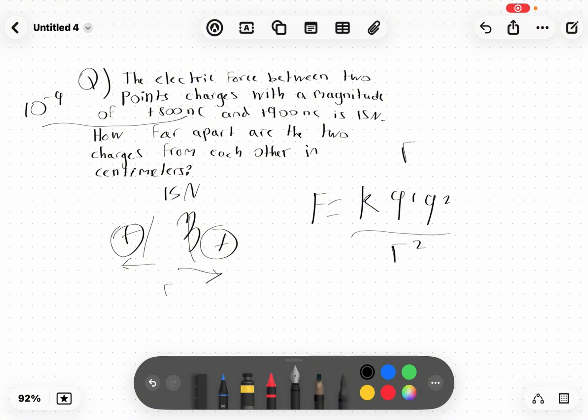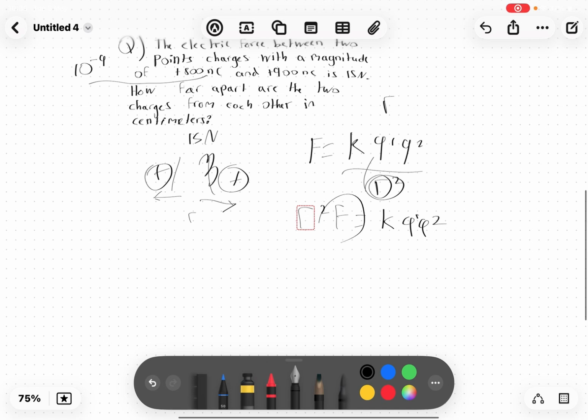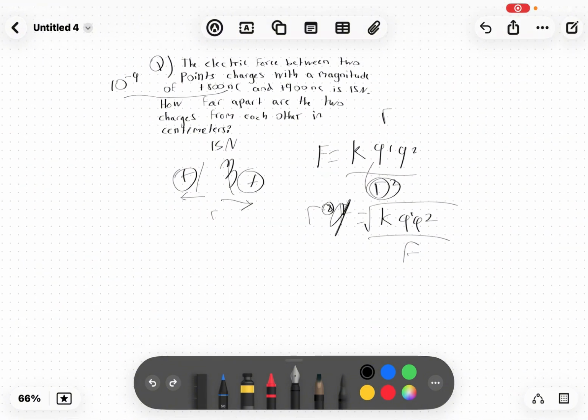Multiply by R squared: R squared F equals K Q1 Q2. Then divide by F, getting rid of the F, then take the square root of this whole thing. So that's how you do it.